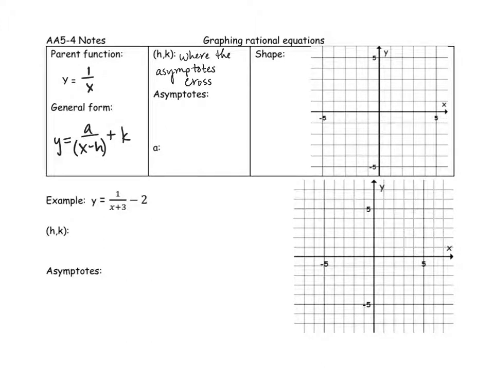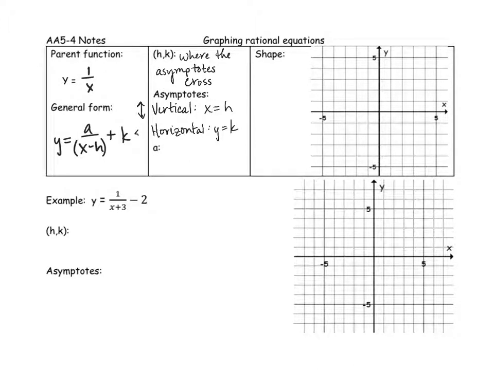There are asymptotes: there's a vertical asymptote at x equals h. Vertical, I mean up and down. There's a horizontal asymptote at y equals k.